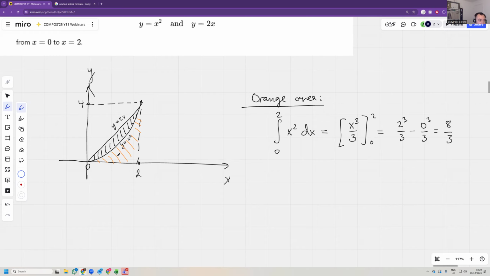And then we can find the triangle, this triangle. Well, it's half times base times height. The base is 2, and the height is 4.